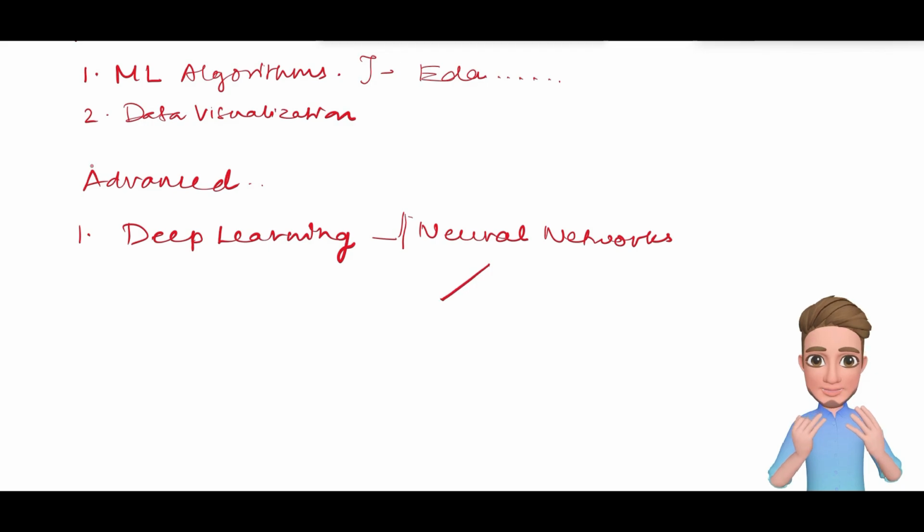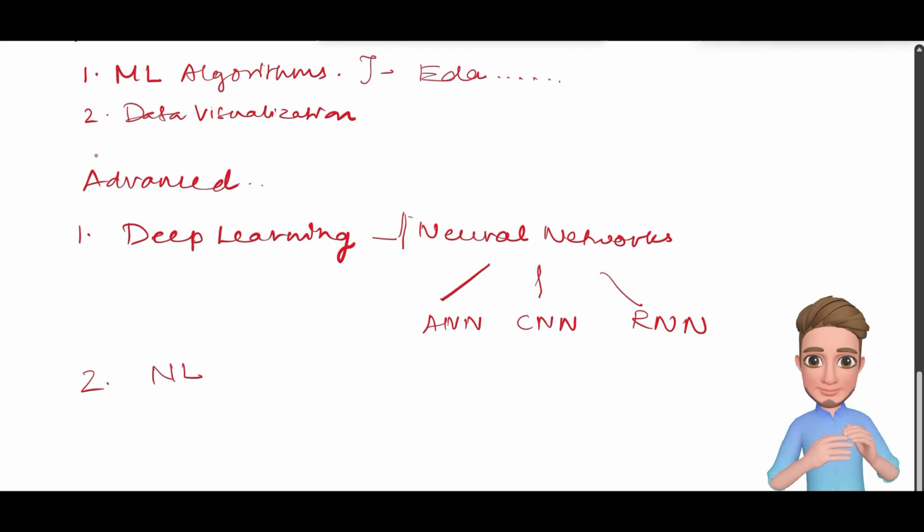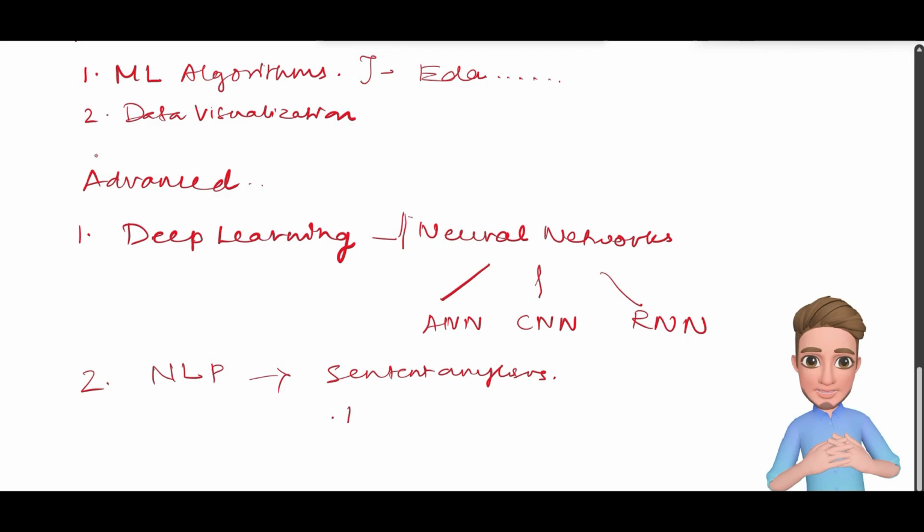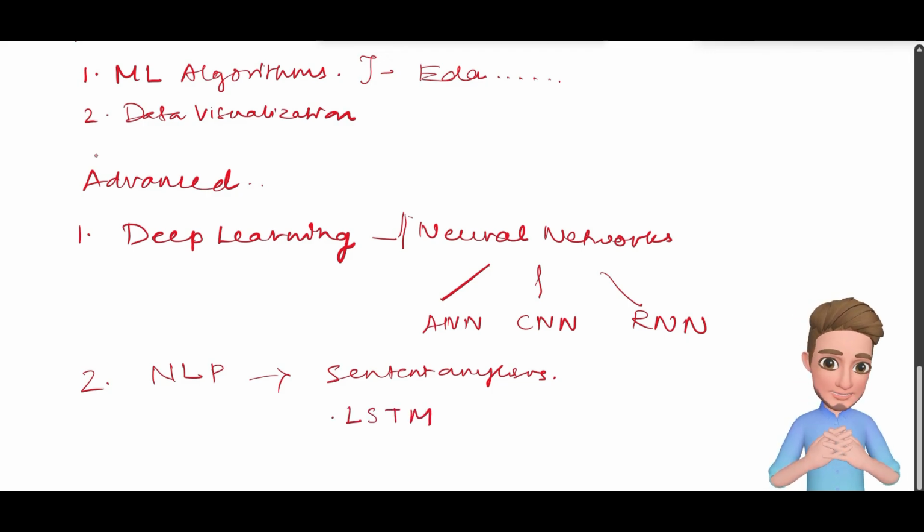Within these neural networks, we have different types like ANN, artificial neural network, CNN, convolutional neural networks, and RNN, recurrent neural networks. And also the next is the NLP part. We'll also be discussing NLP, natural language processing, where we'll be learning about sentiment analysis. We have the LSTM concept, that is long short-term memory, and many more.